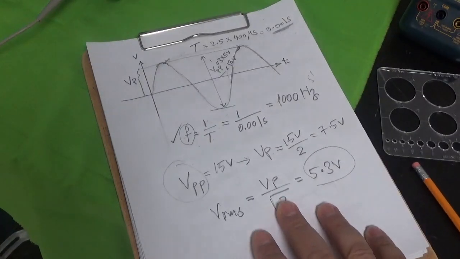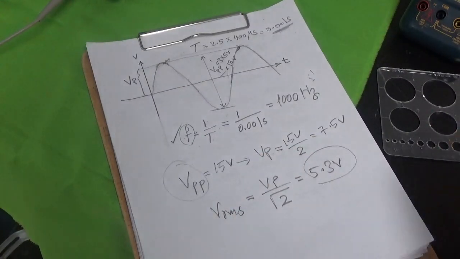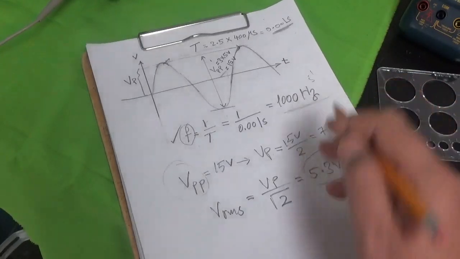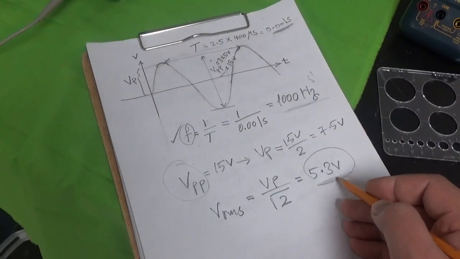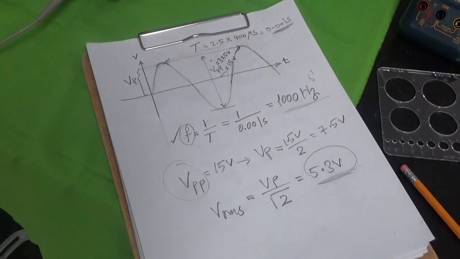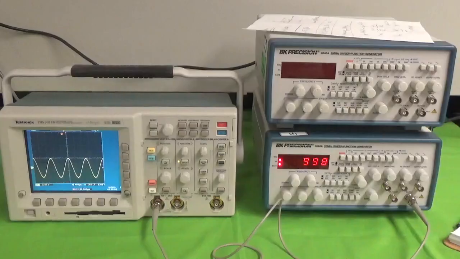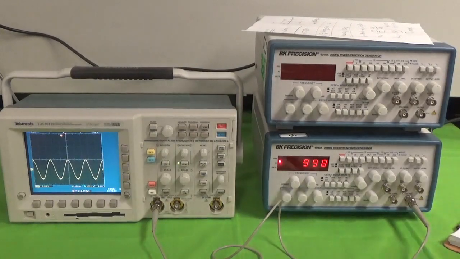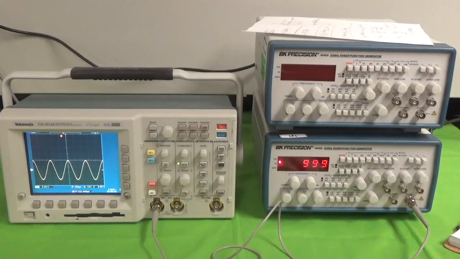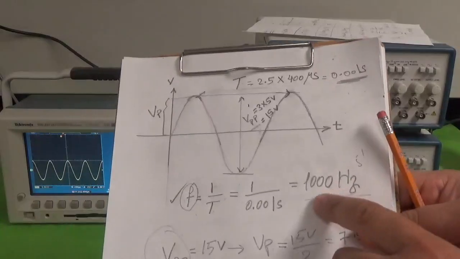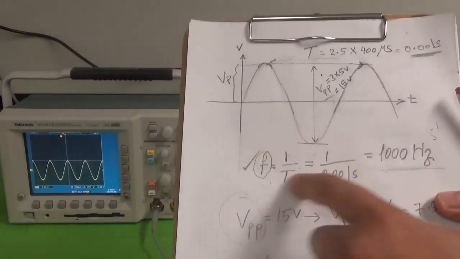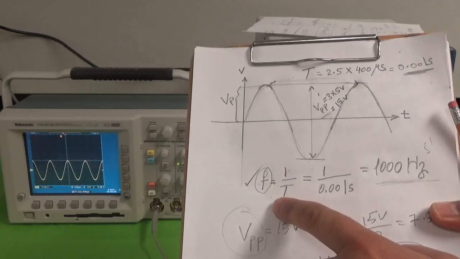Now let's check if the frequency that we got here is correct, and also check if the V root mean square that we got here is correct. Okay, so this is the moment of truth. So let's see what we have. I will compare the 1000 hertz that we calculated from the oscilloscope information.